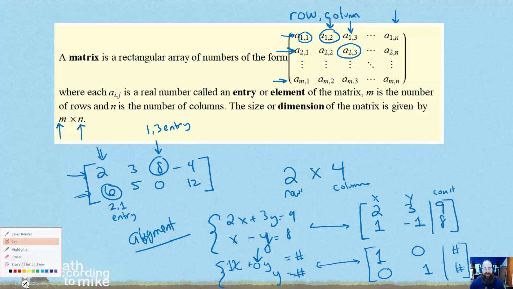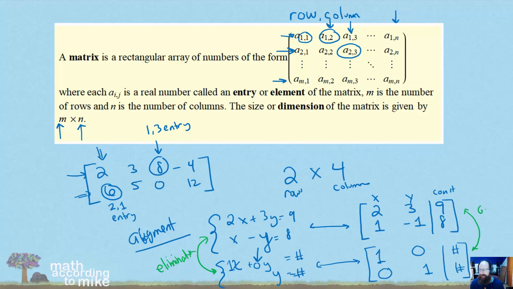So the way we went from the top to the bottom in the system over here was elimination. The way we go from the first matrix to the second matrix is this thing called the Gauss-Jordan method. Gauss, G-A-U-S-S, Jordan, and then method.